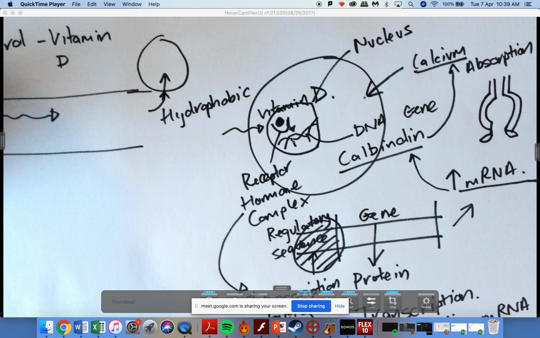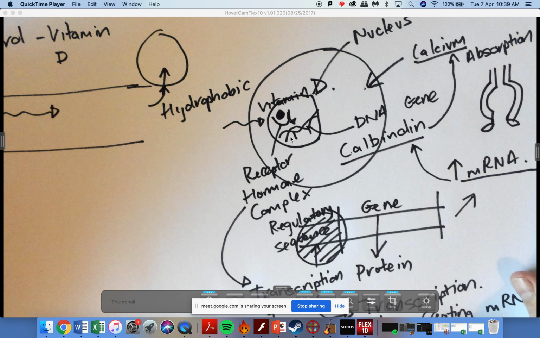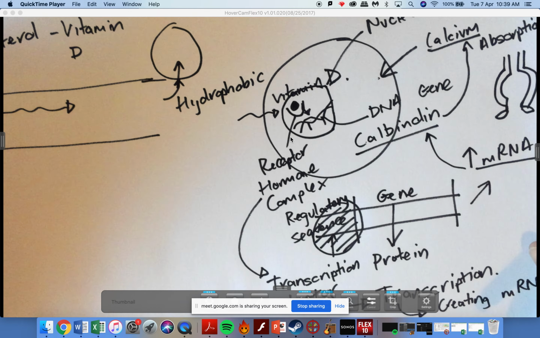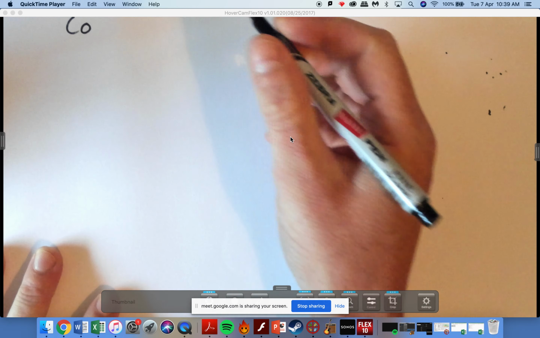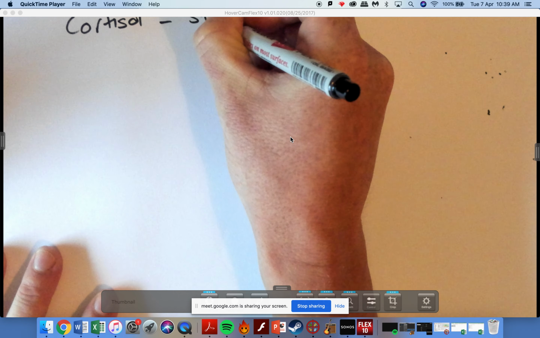Okay, the other one to think about is what happens in the case of cortisol. So cortisol, let's just move that. Cortisol is known as one of the stress hormones.